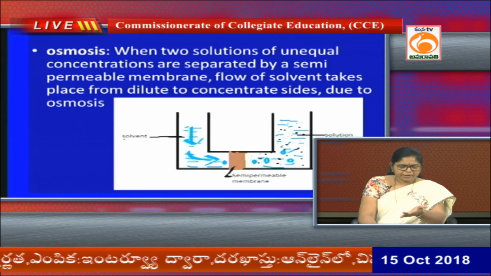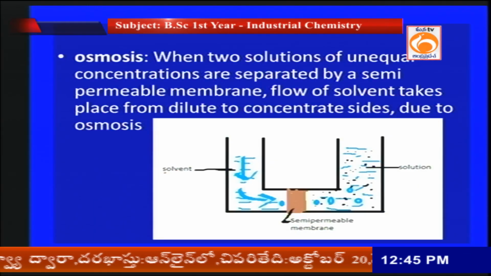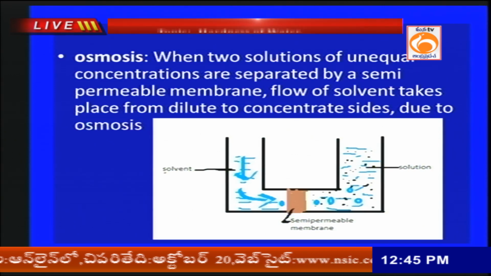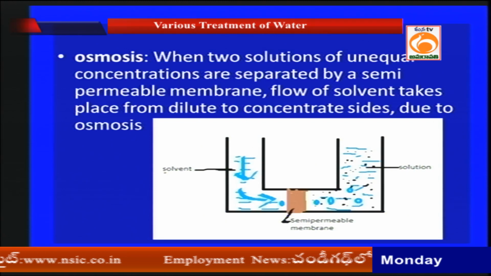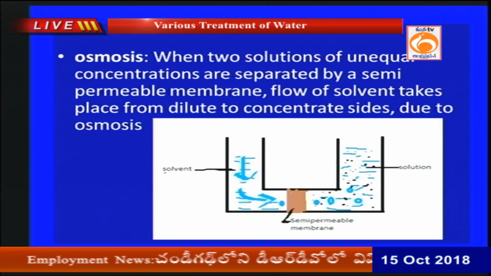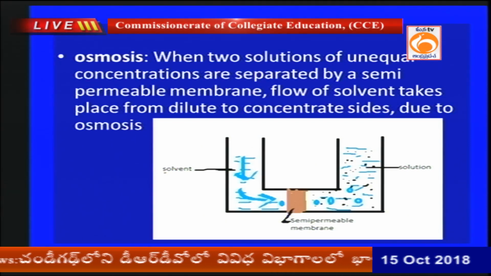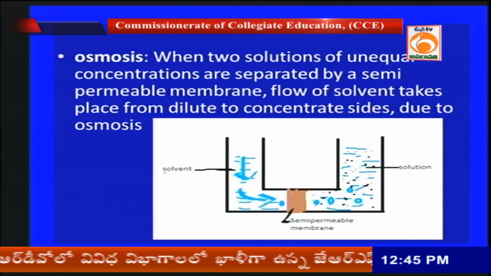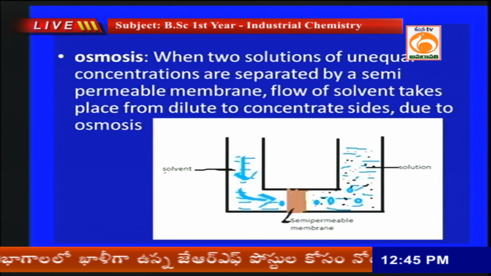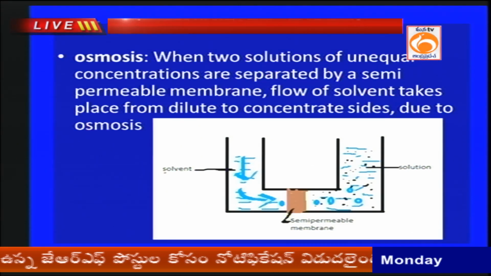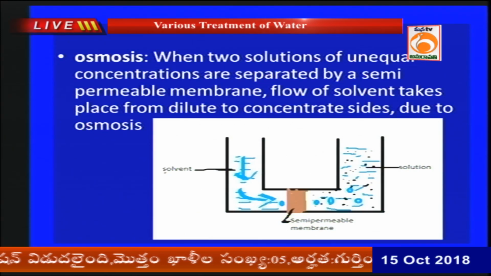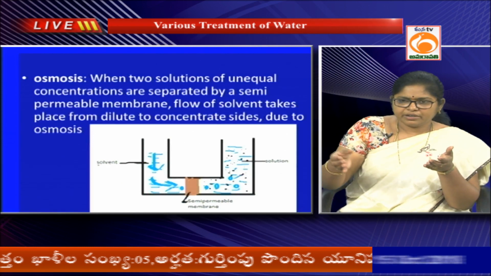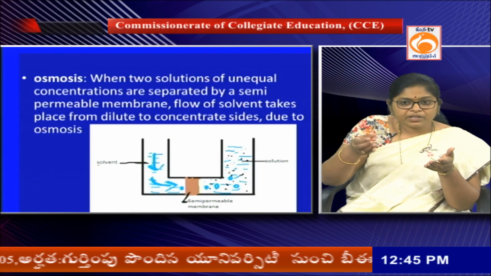And see osmosis. What is osmosis? In osmosis, the solvent is pure water, and the solution is like sea water. So much sea water is available on the earth.